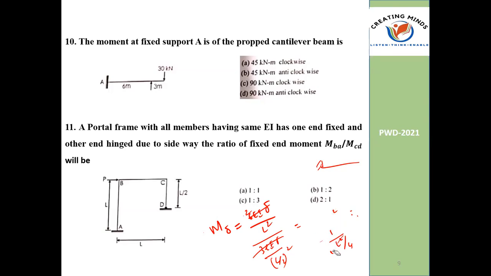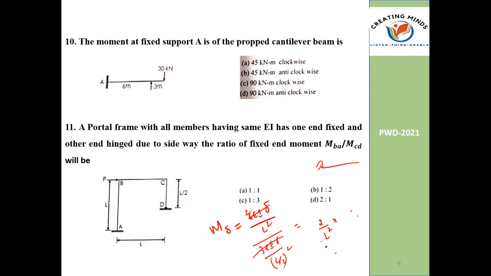See, don't confuse with this kind of thing. It's in the denominator. Now you can write this equation: 2 by L square multiplied by L by 2, L square by 4. Sir, L square by 4. Right?